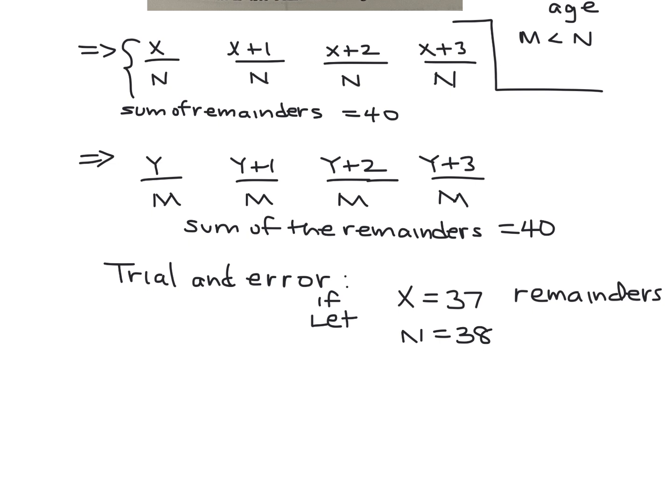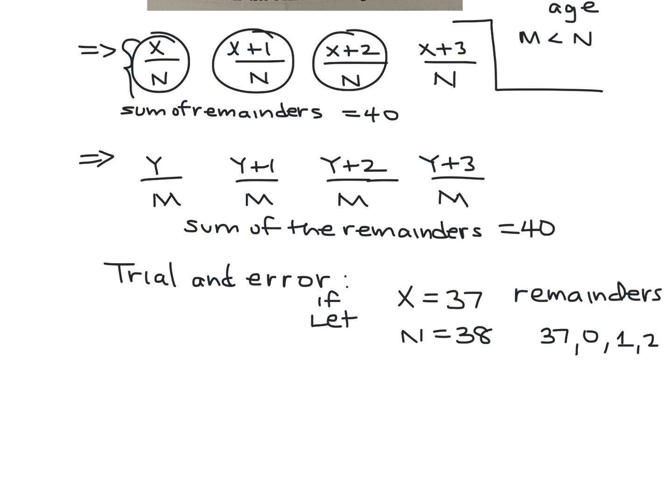So you'll have 37 for this guy, 0 for this one, 1 and 2 for the next ones. So the sum of these is 40. That satisfies this. So n is 38, so that one works.